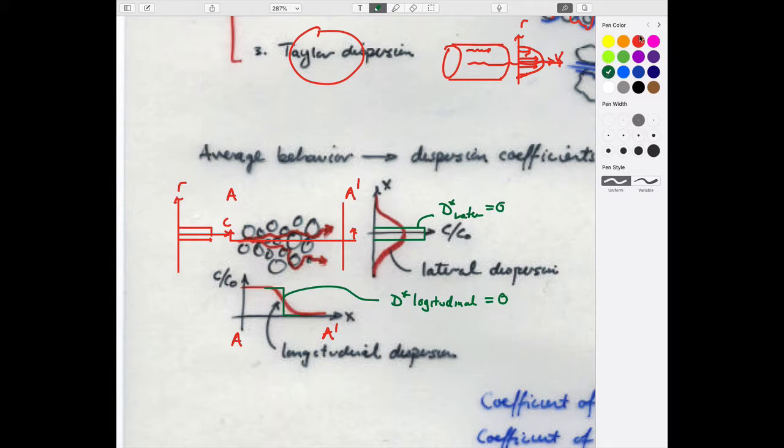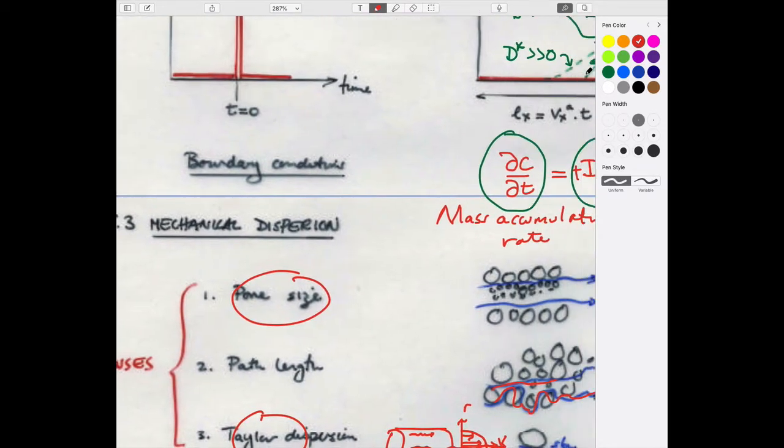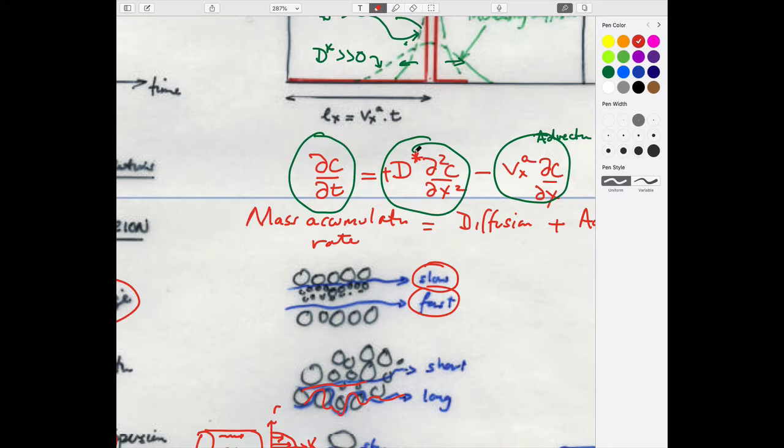And so because it looks just like diffusion, then typically in this advection diffusion equation, this term here ends up being substituted by something that accommodates for two effects. Effect one is diffusion, which is Fick's law, modified to account for the fact that the diffusion has to occur in these tortuous flow paths in a static fluid.